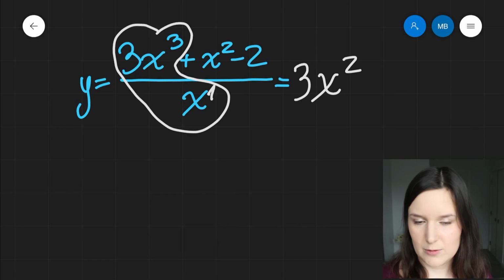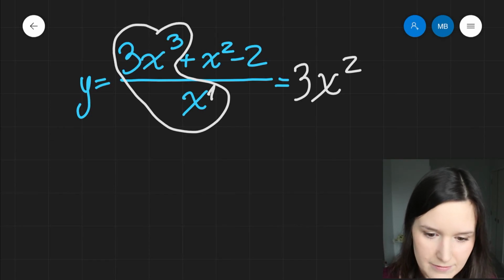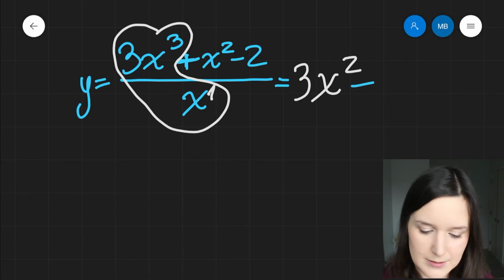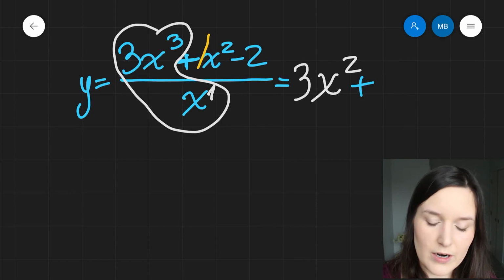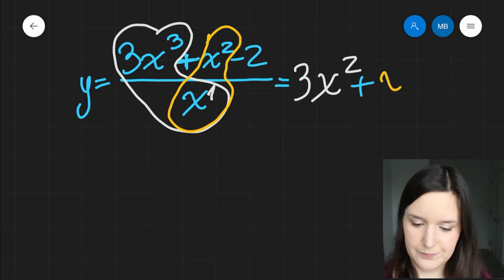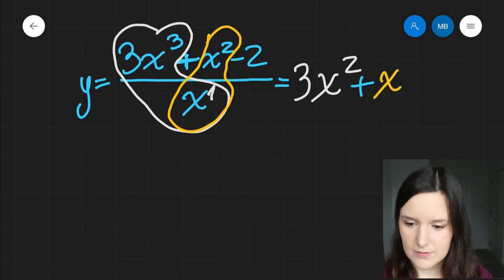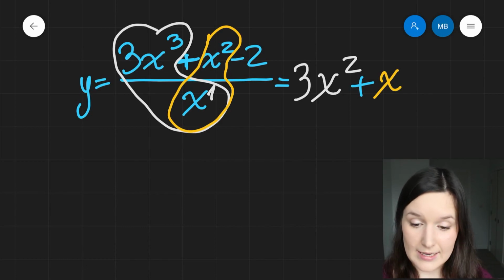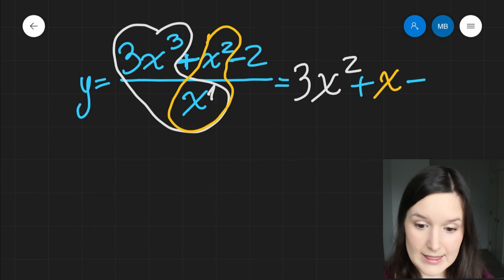Then I have this plus here, so I just copy a plus and take the next one. Now it's x squared over x is x. 2 minus 1 is 1. Okay, x to the power of 1 is x. Then there is a minus, so that's what I copy. And take the next one.